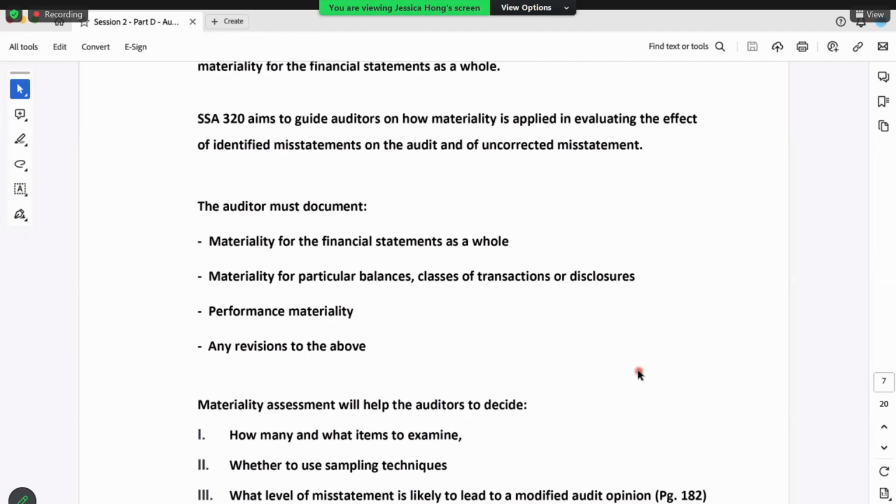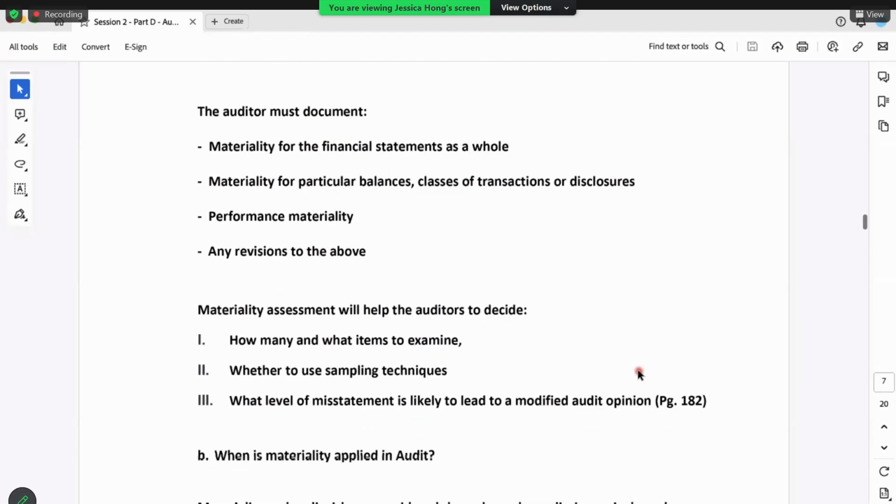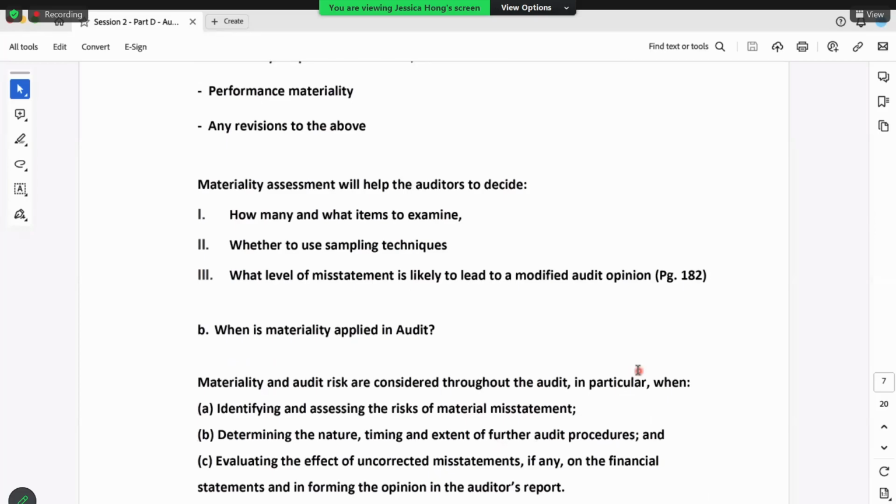It really depends on our discoveries, on the results of our testing, and on how we assess the control environment of the audit clients. That can give us a lot of indicators. So once the materiality is set, we can continuously review and revise whether there is a need to adjust it.